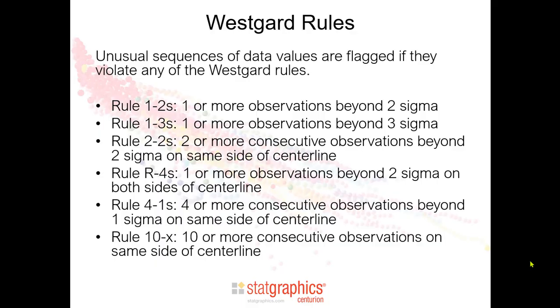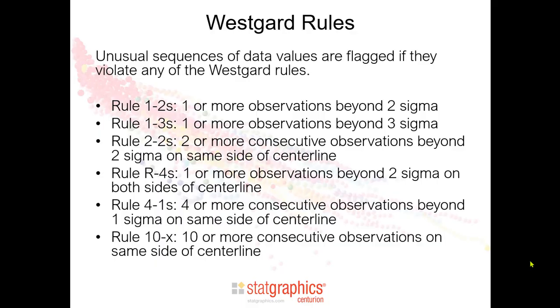Rule 1-2s is violated when one or more observations are beyond 2 sigma. This generates a warning, but not necessarily an alarm. An alarm is generated, however, if Rule 1-3s is violated, which corresponds to one or more observations beyond 3 sigma.